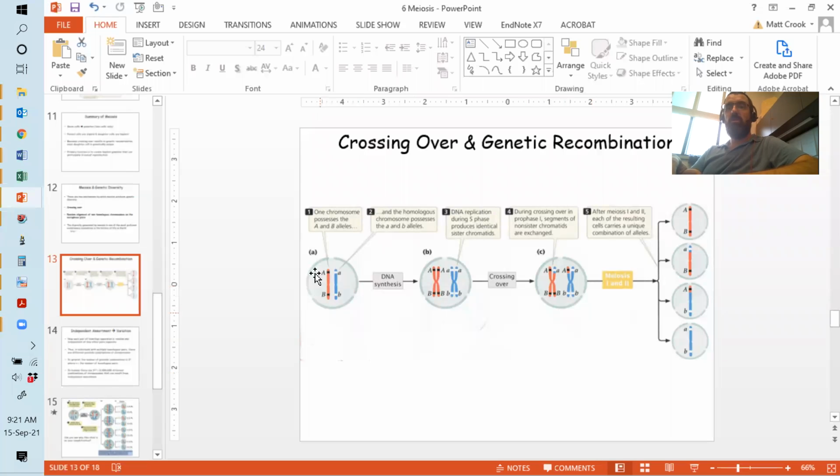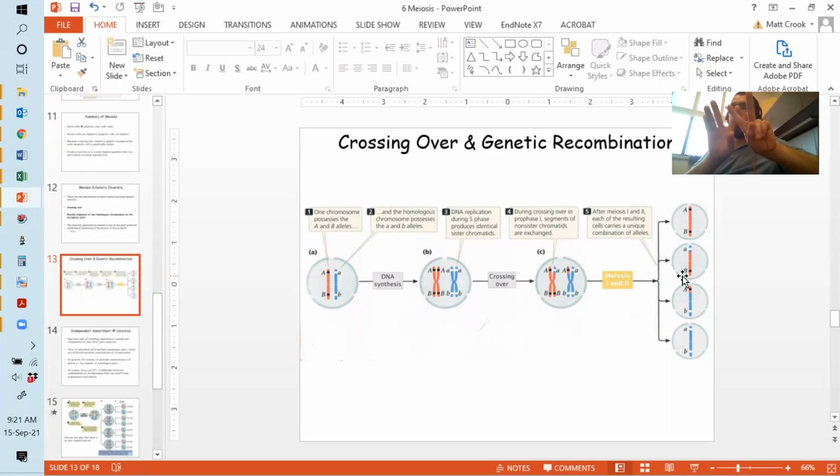On this chromosome, you have both dominant alleles, and both recessive alleles on the other one. After recombination, now you have 4 different versions of that chromosome. You have the original, both dominant, both recessive.